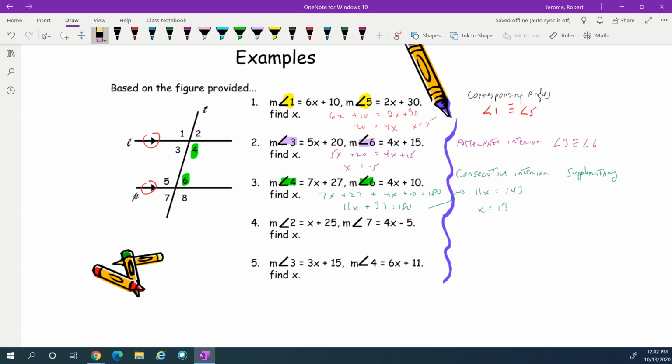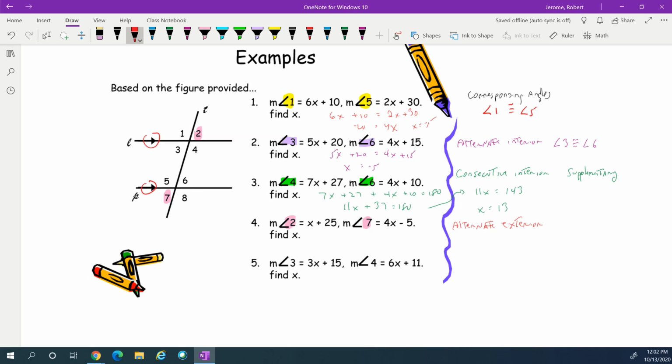Okay. We've only got 2 more. Let's just do them. Angle 2 and angle 7. 2 and 7. So what are they called? Alternate exterior.